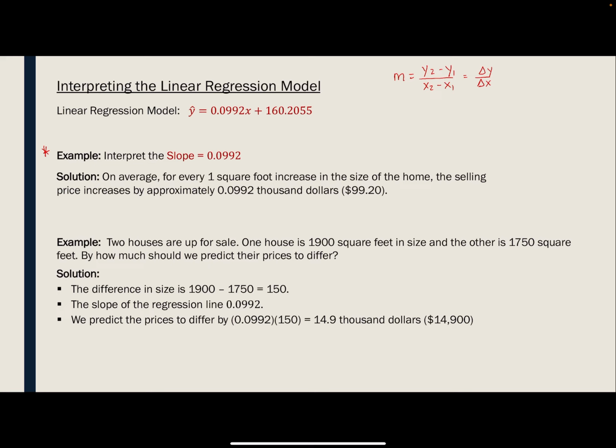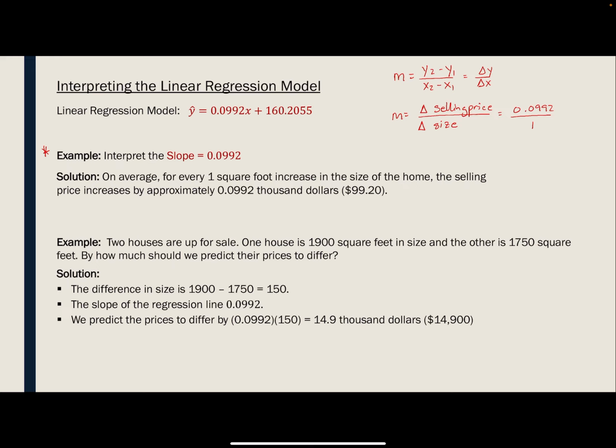For this particular problem, the slope is going to be the change in the selling price over the change in the size. And I can see that the slope is 0.0992, and I can always write this over 1.